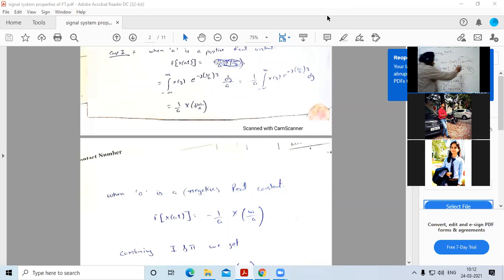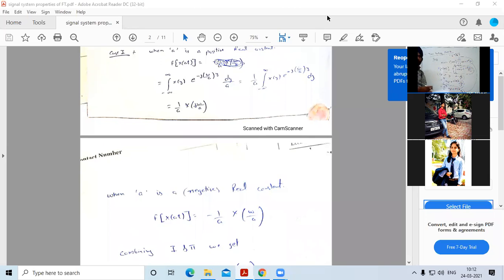Comparing these two equations, this is the Fourier transform of the signal: 1 by a X of j omega upon a, sorry, omega upon a. So this is the Fourier transform of x(at).